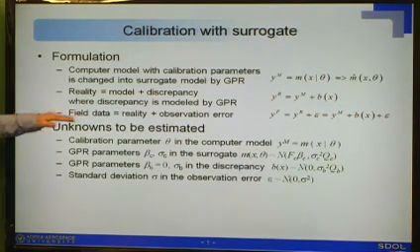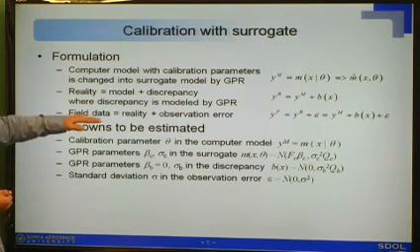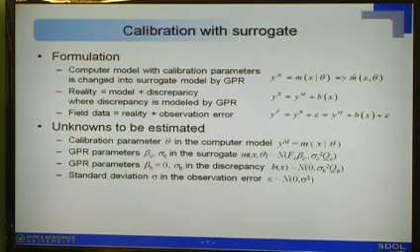Finally, there is the field data, which is the observed data. This is given by the reality plus the observation error. Based on this formulation, what we would like to estimate are here. The first one is the original calibration parameter, denoted by theta.